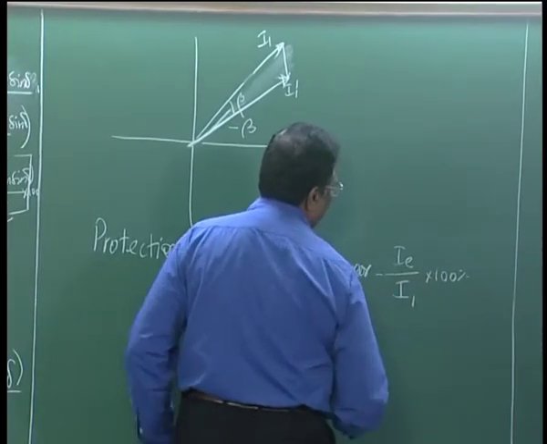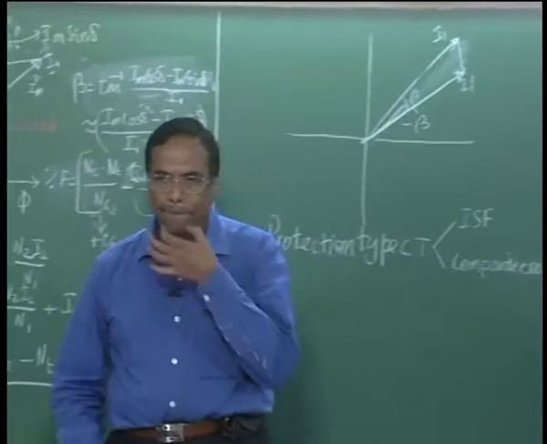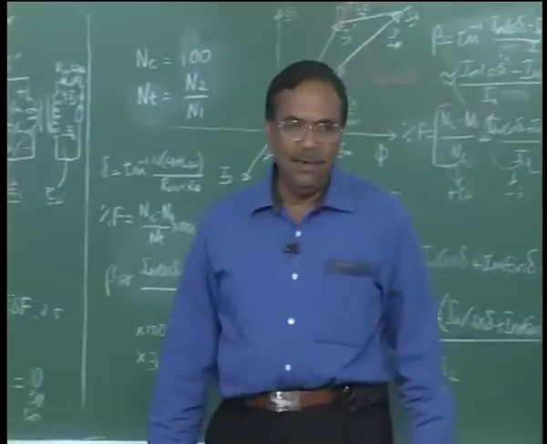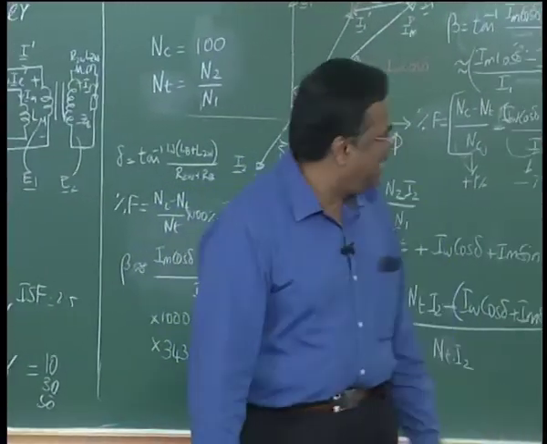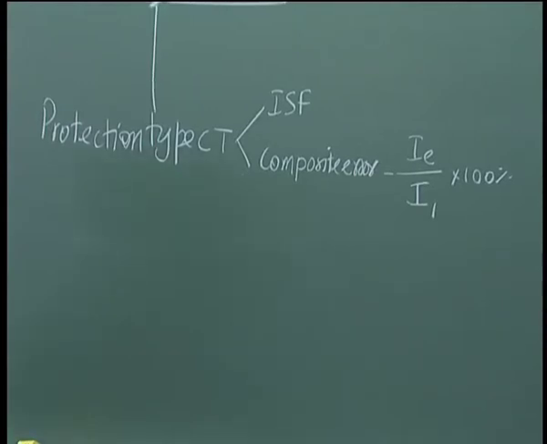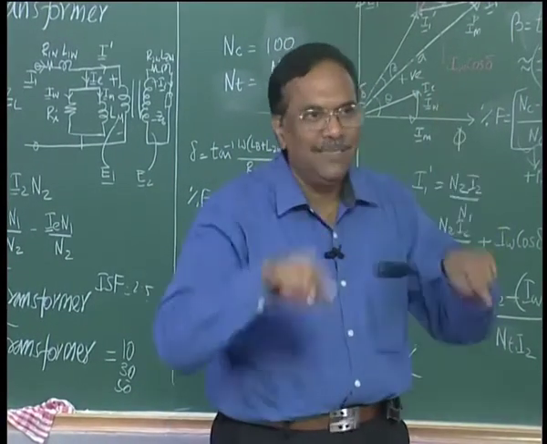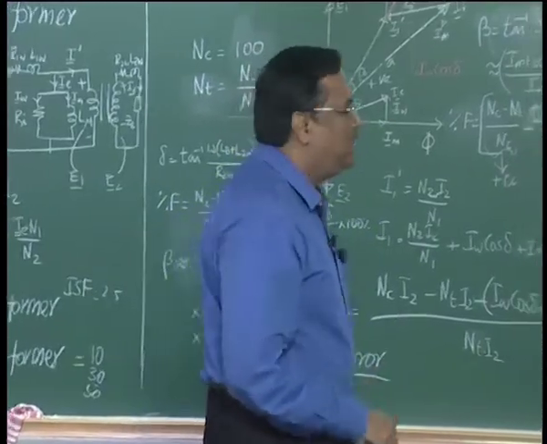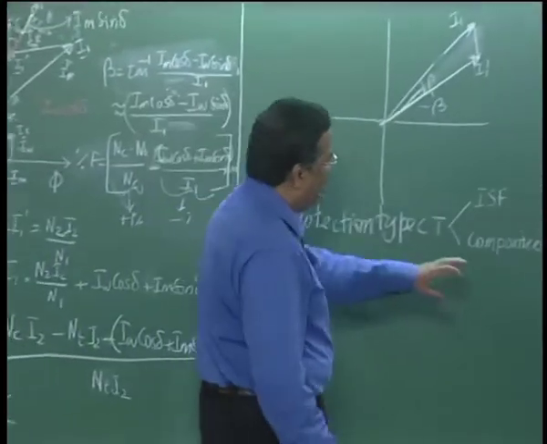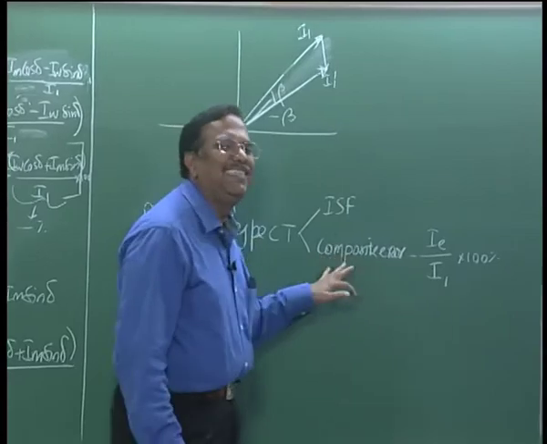This is always negative. When I write IE and I1 without the underscore, it means the magnitude of IE and the magnitude of I1. We do not put the modulus box. So the magnitude of I1 decides the composite error.